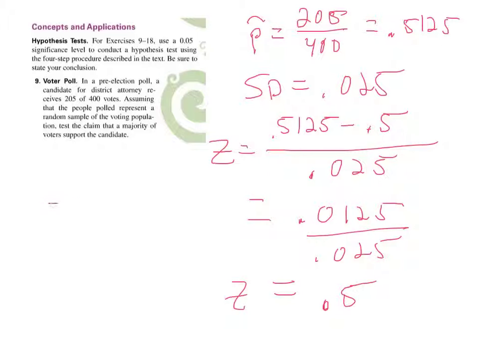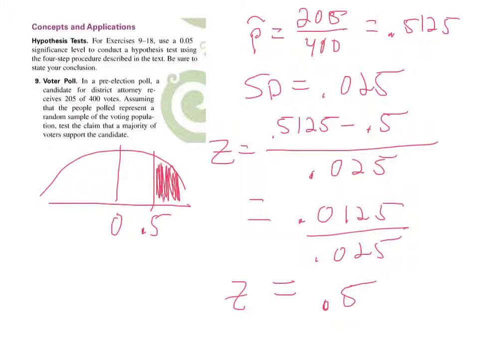So that's telling me on a standard normal curve, if the mean is 0, I've got this z-score of 0.5. I need to find this tail area, because that's what my p-value is. They don't want to use critical values, so we'll use the p-value. So I'm going to look at a normal curve table.